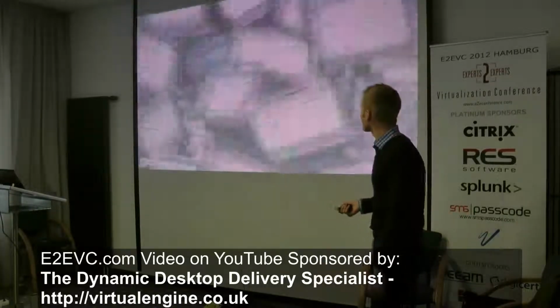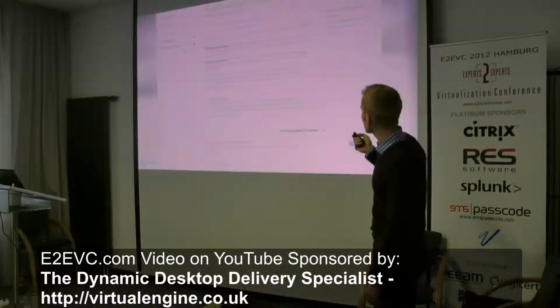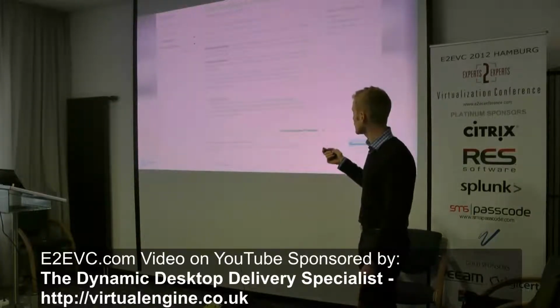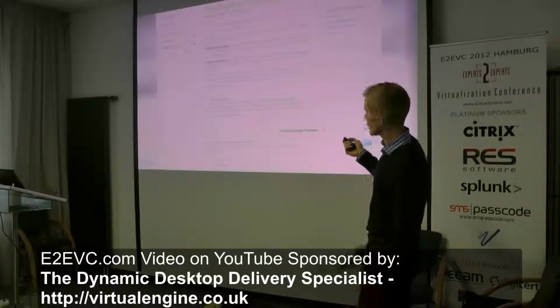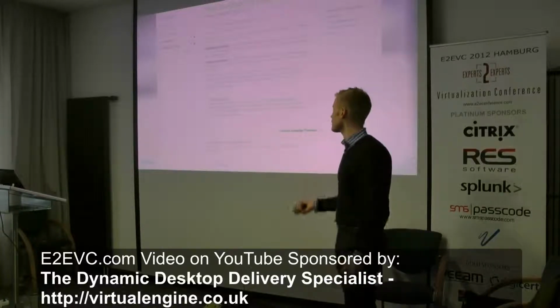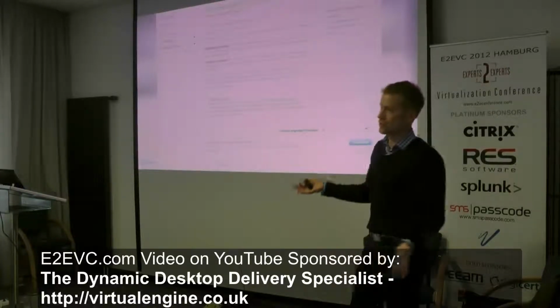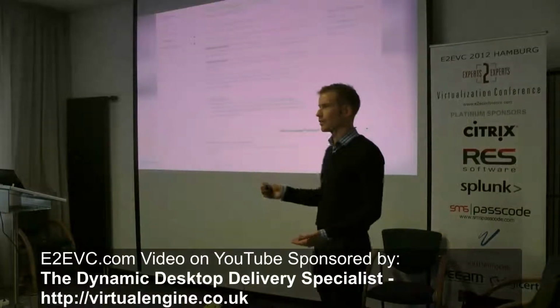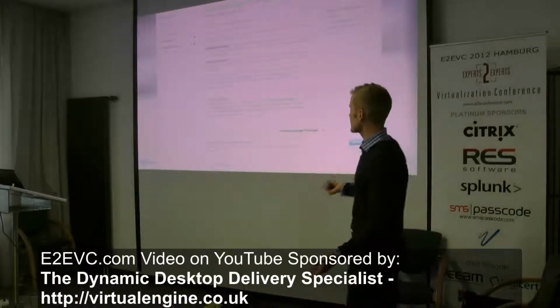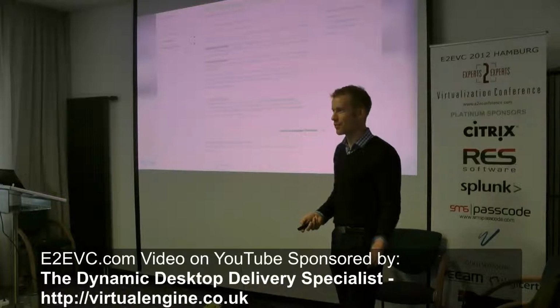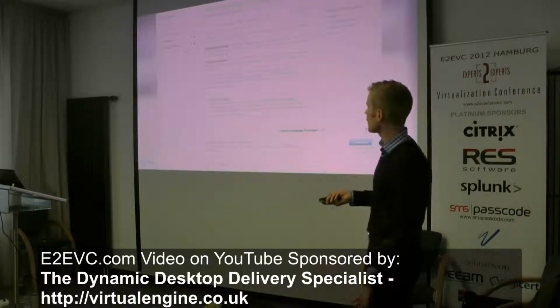Basically, to get Desktop Director 2, I was doing this last night because when I first did the presentation, it was screenshots from the old Citrix download. So I decided to update it last night, and it took me quite a long time to find it.